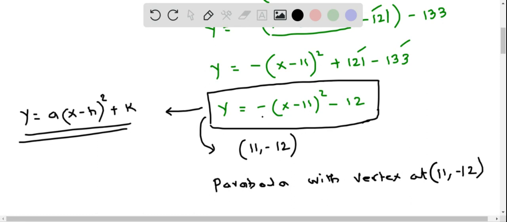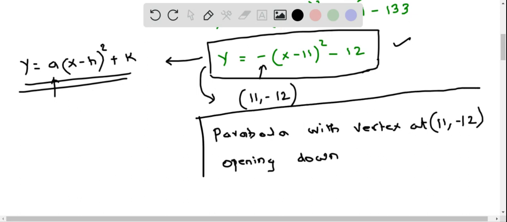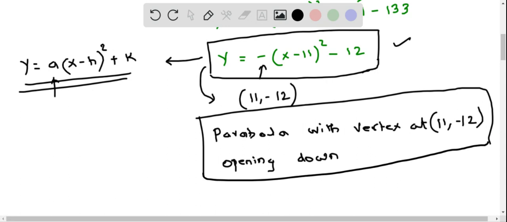And since a is negative, it represents a downward parabola, so it is opening downward. And so this is the standard equation of the parabola. We have classified this conic equation as a parabola with the vertex at 11 comma negative 12, opening down.